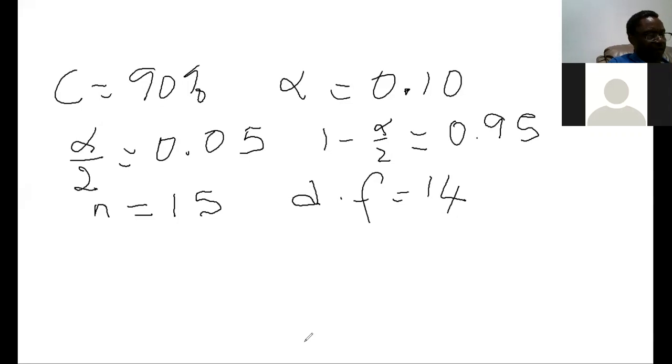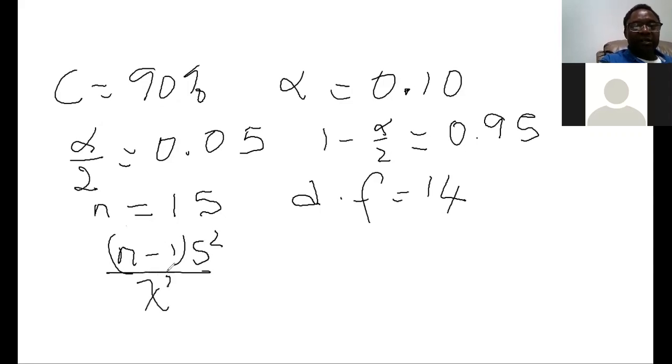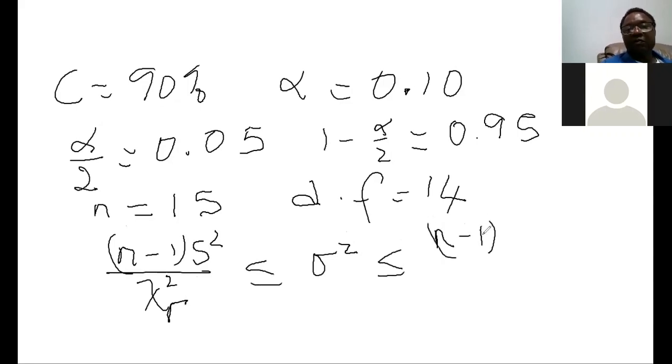I'm reading off the numbers as if they're put into the formula: n minus 1 times s squared over chi-square right. Sorry, I was starting off with chi-square left. The number you compute first is the same number that you divide by chi-square left and by chi-square right. If you want to put it in the formula, right comes first because it is bigger. It is bigger in the denominator, but it will produce a smaller number.